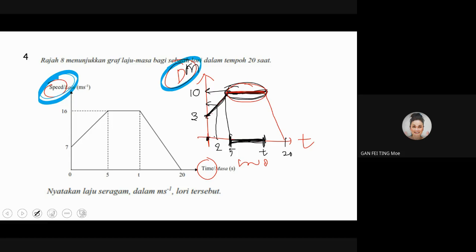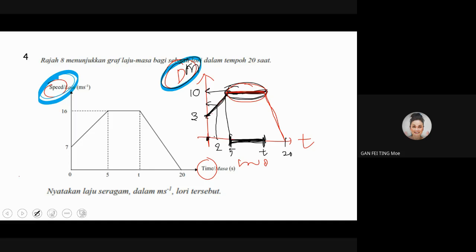The distance remains, meaning that this fella stops at 10 meter for 3 seconds, no movement. Then after that, what happened? This fella is going back, going backward. From point A you move to point B, you stop there for 3 seconds, then from point B you go back, passing by point A, and now you go back home. This is what it refers to.